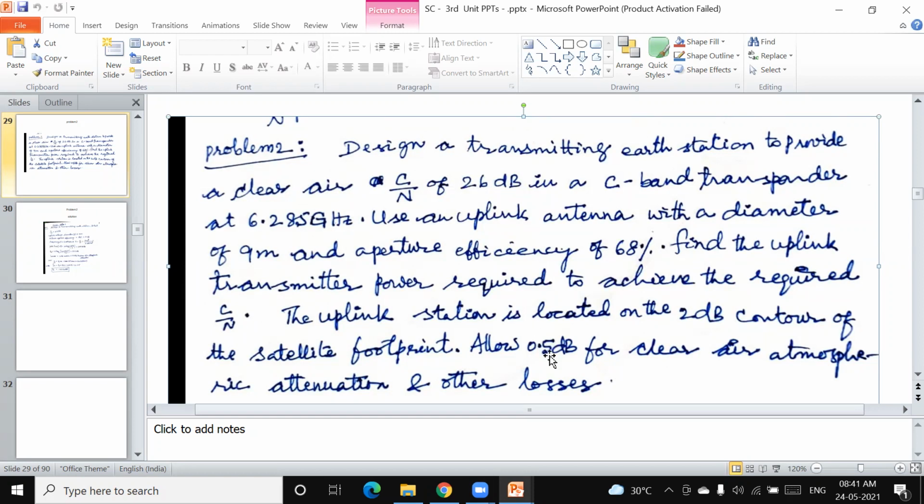What would be the PT? In that case you need to consider the 0.5 dB for clear air, atmospheric attenuation and other losses. Though we said that this earth station is in clear air, the problem itself asks us to consider the contour of the satellite footprint, therefore it could be a loss, and 0.5 dB also has to be considered for atmospheric attenuation and other losses.